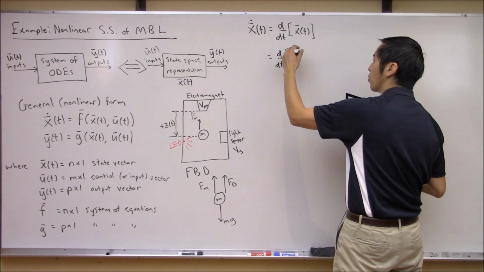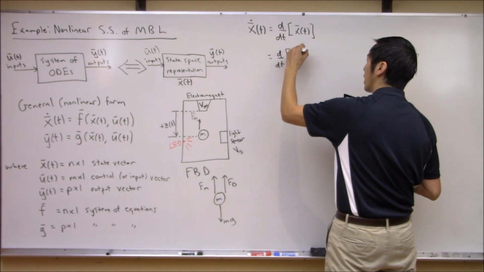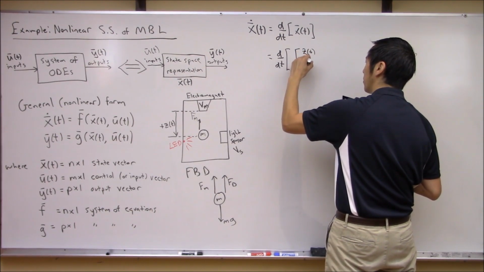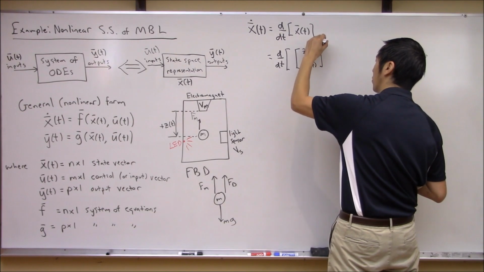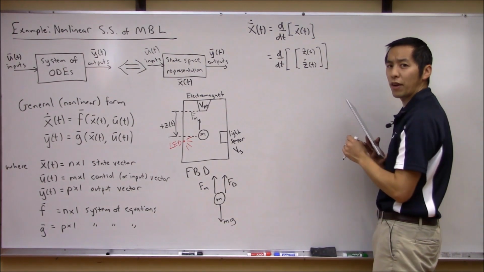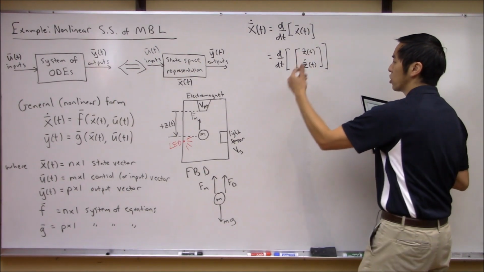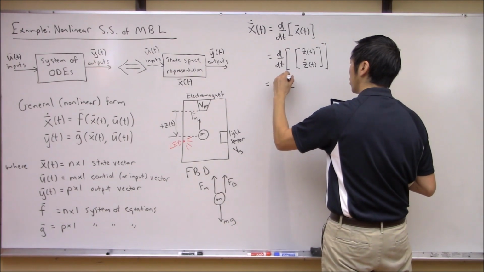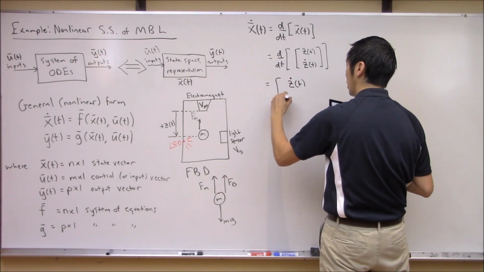If you remember, we said the state vector x was the position of the ball and the velocity of the ball, right? Wasn't that the same thing? This vector here is the same thing as a vector x, okay? All right, so let's just take the derivative of this, okay? So this becomes z dot and z double dot.